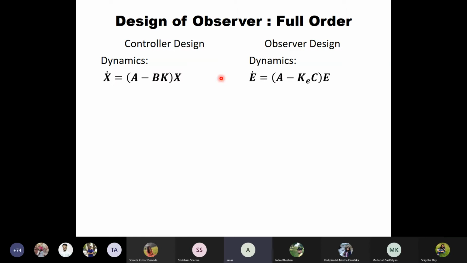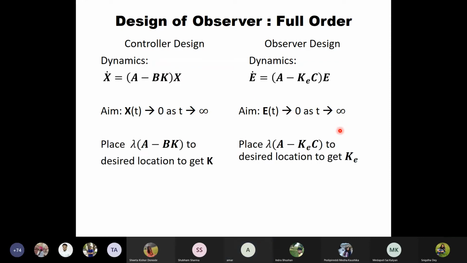You can see the similarity of the equations. In both cases, our aim is x(t) tending to 0 as t tends to infinity; here it will be e(t) tending to 0 as t tends to infinity.